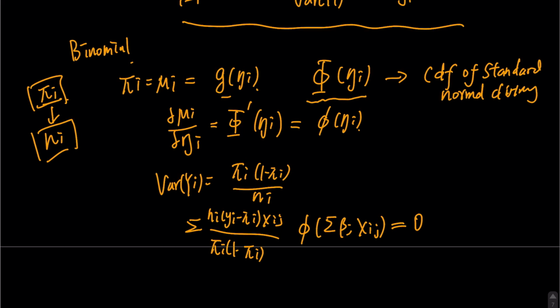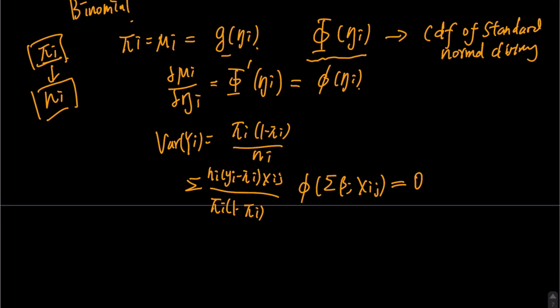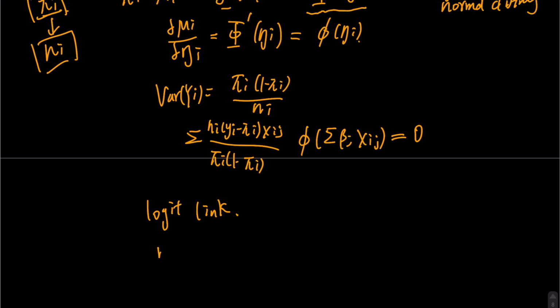In addition to using the CDF as a link function, it's also common for us to use the logit link, which is eta_i equal to log of pi_i over 1 - pi_i. And in this case, we want the d mu_i d eta_i.